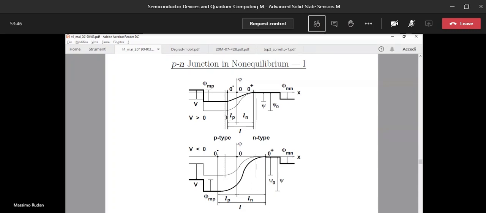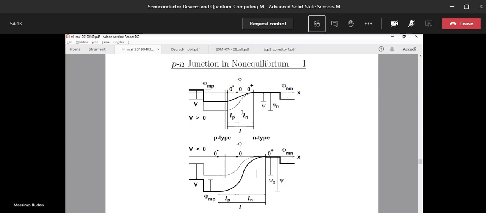So we have a smaller electric field, okay? If the electric field becomes smaller with respect to equilibrium, the drift term of the transport equation will become weaker because the field is smaller, okay?